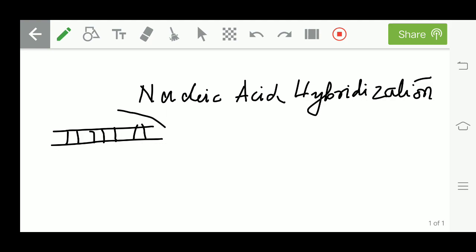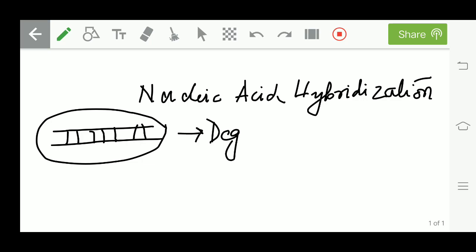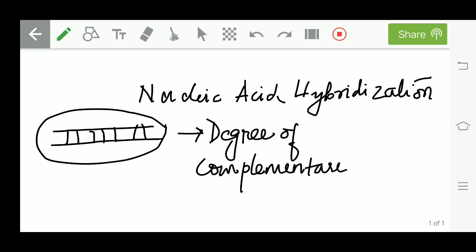Now, this hybridization depends upon one very important factor, that is your degree of complementarity, that is how many base pairs are actually complementary to each other. That will dictate the efficiency of your nucleic acid hybridization.